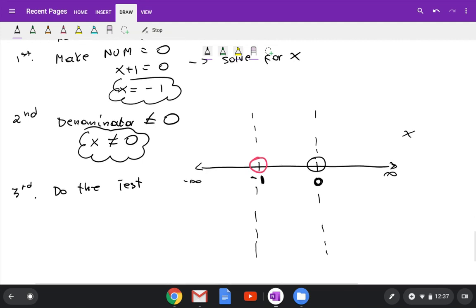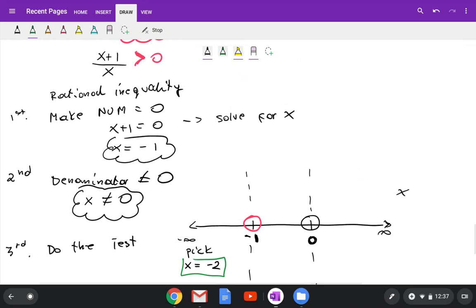Next, we're going to do the test. We're testing the interval from -infinity to -1. Here, you're going to pick a number which is less than -1, so I'm going to pick x equal -2. I take that -2 and plug it into our inequality. X plus 1 over x has to be positive.